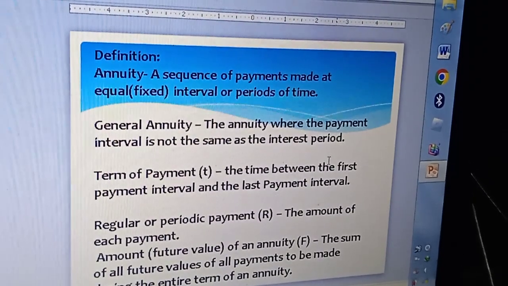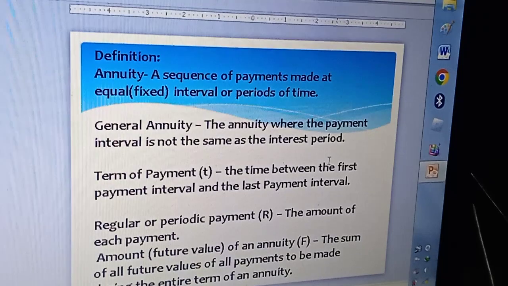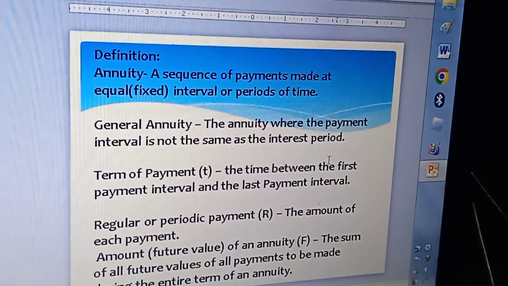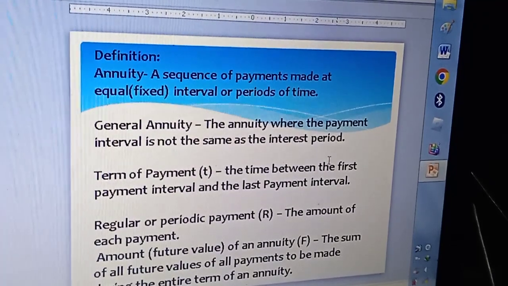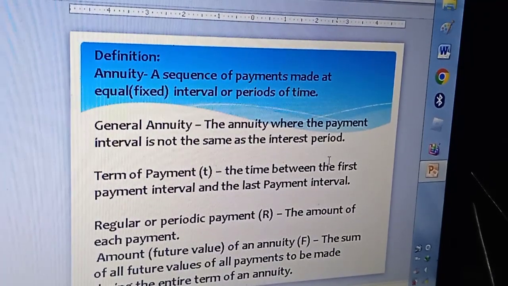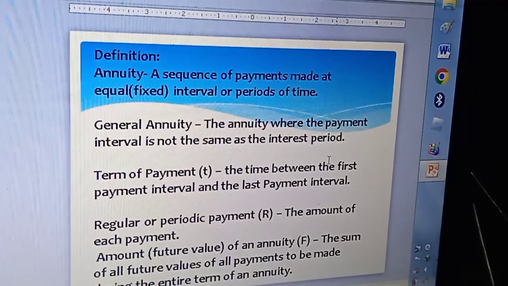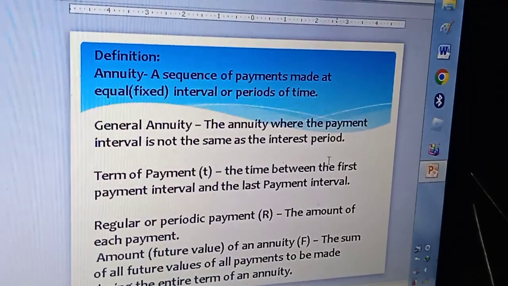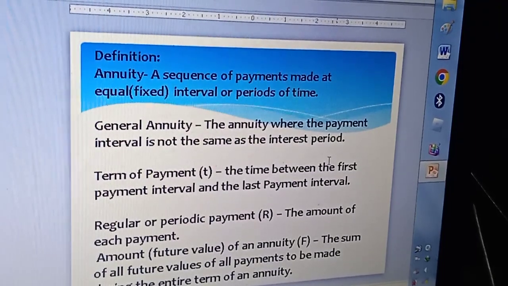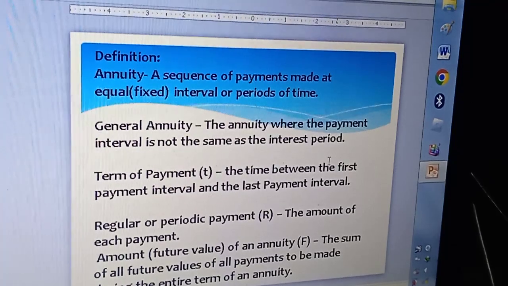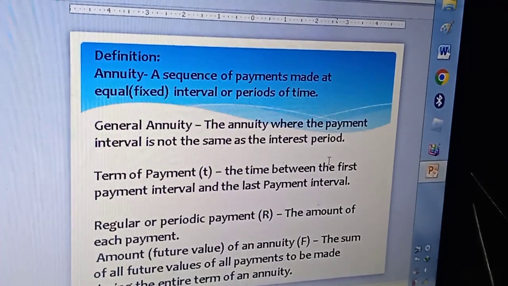So we will again define the terms in the general annuity as well as the simple annuity. Annuity is a sequence of payments made at equal or fixed intervals or periods of time. And general annuity is the annuity where the payment interval is not the same as the interest period.